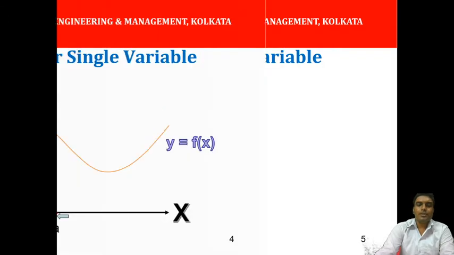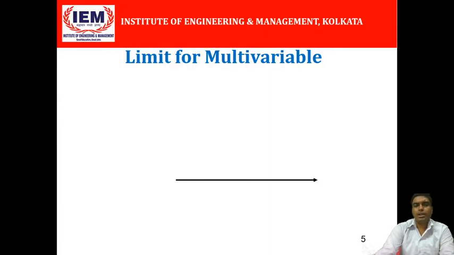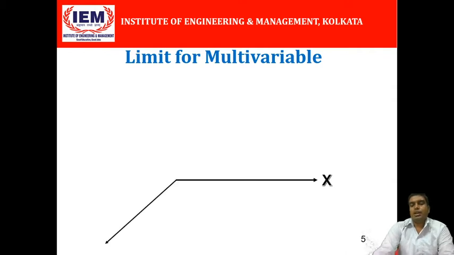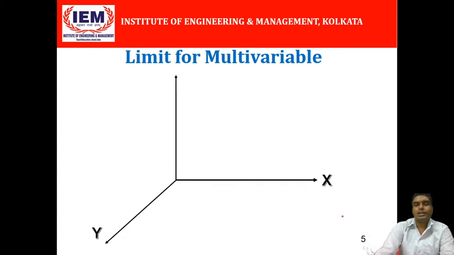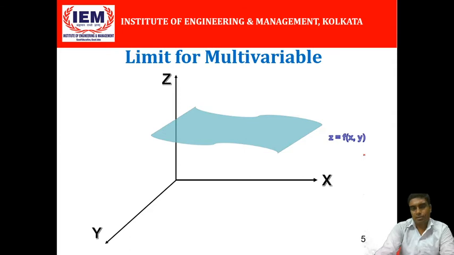Now, in the case of multivariable, if I see a 3D plot, you have x and y, two independent variables, plotted in the horizontal plane, and z on the vertical axis. Suppose there is one surface, as we are talking about multiple variables, and let the equation of the surface be z equal to some function of x and y.